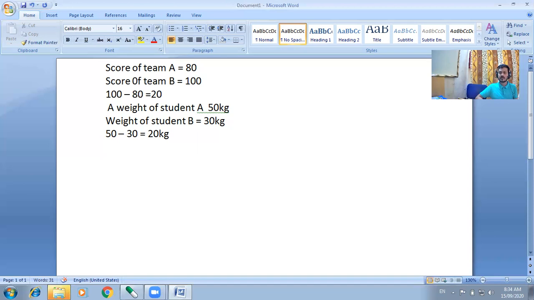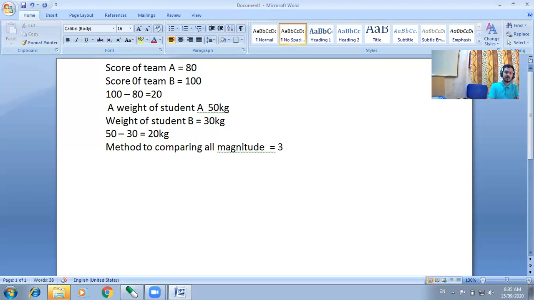So the question arises: how can we compare different things? The answer is that there are three methods to compare all magnitudes in our syllabus.